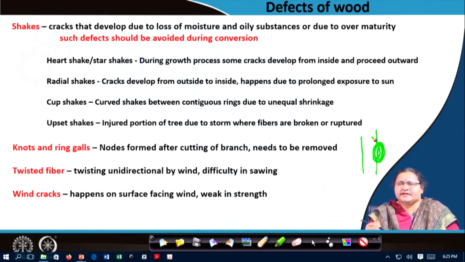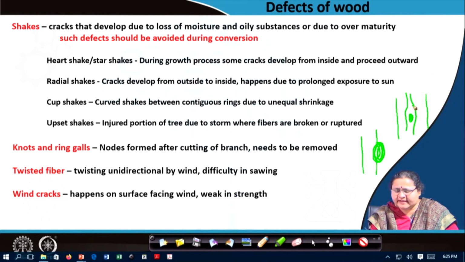Here sometimes the cells get dead prior to maturity of the tree. So, these portions are weak portions. So, the basic message is, in a branch, in a piece of log, you can identify these by looking into it. You may find in a piece of wood a knot there and the fibers are moving just like this.